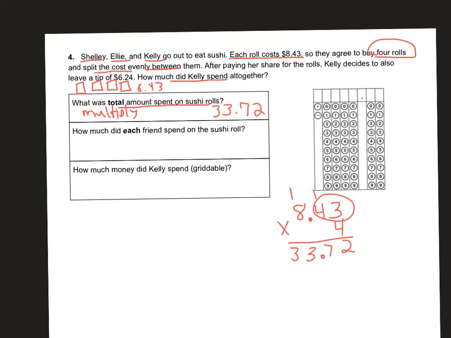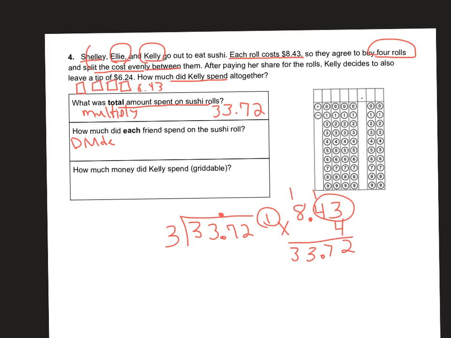They split the cost evenly between them. So how many girls are there? There's 3, right? So I'm now going to have to divide. This happens all the time. So step 1 was my total cost. Step 2, I need to take $33.72 and divide that bill by my 3 friends, right? So when I do that, remember to bring your decimal straight up.